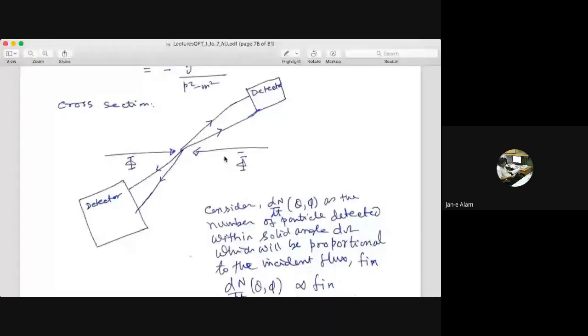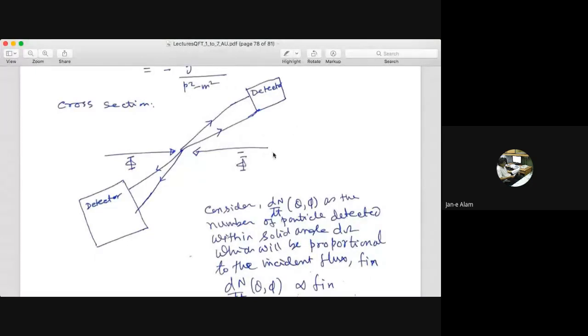And this detector is placed at an angular coordinate theta and phi. Then what is the rate of detecting this particle, dN/dt, the number of particles detected per unit time at this theta phi? That must be proportional to the incident flux, right?